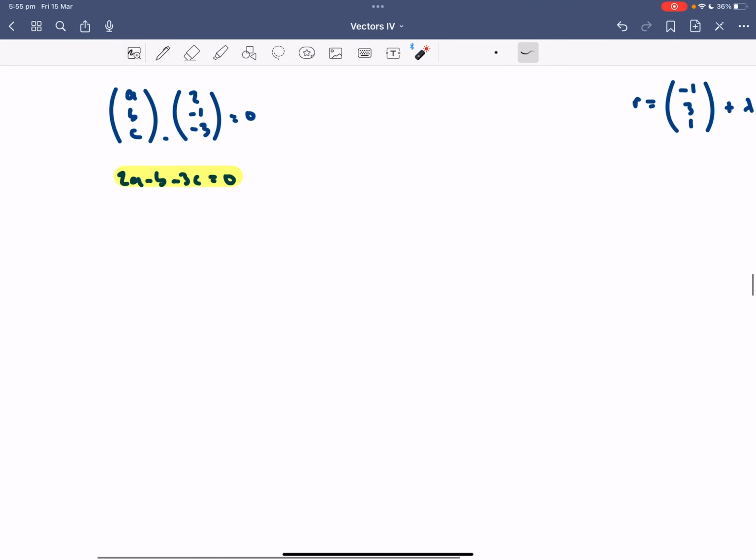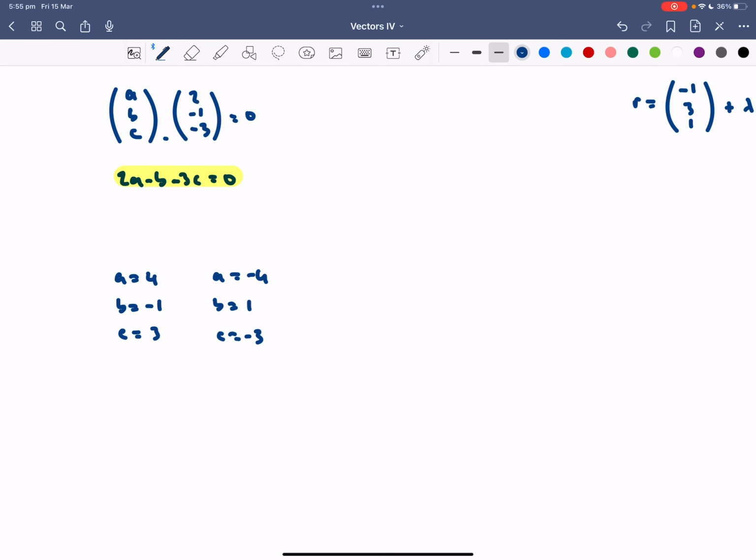One set of solutions that we get is that A equals 4, B equals -1, and C equals 3. And the other answer we got was the exact opposite of it. So A was -4, B was 1, and C was -3.